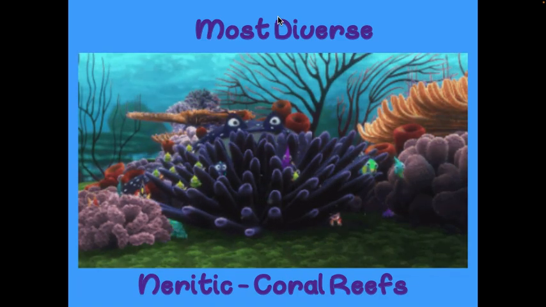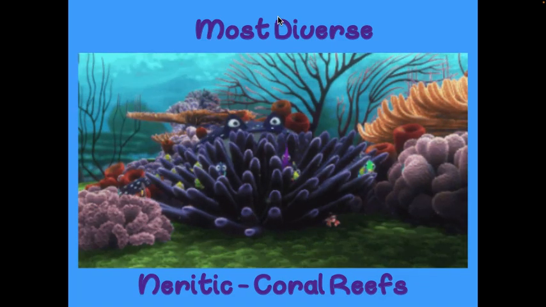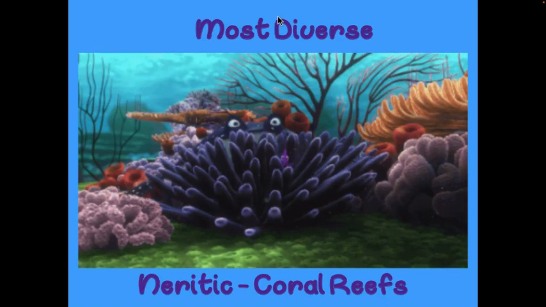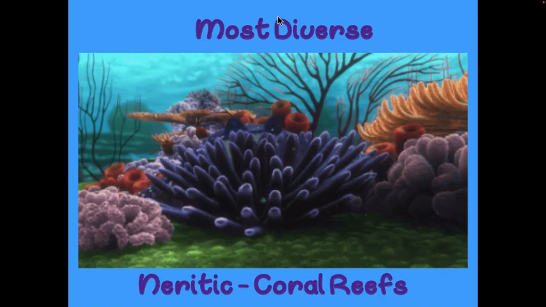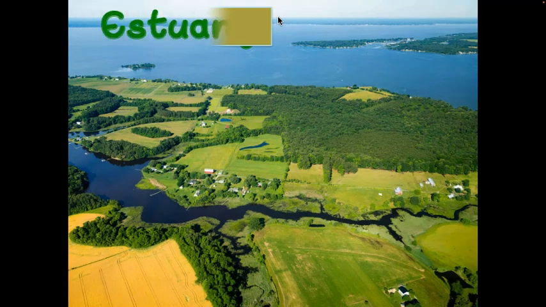You could find almost every species in this area. Sharks come in and out of here. Millions of types of fish. So much producers. So much diversity. What's this? We just talked about it. Estuaries.